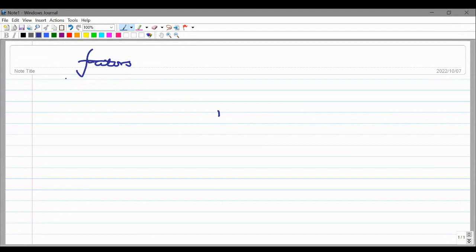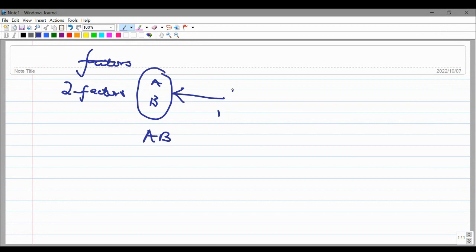So we're talking about factors now. Suppose we have two factors, A and B. There will be a situation where they will be interacting. There will be an interaction effect. So there's a situation where we'll be testing for A and B. These are the main factors, because factor A is not influenced by factor B, isn't it?